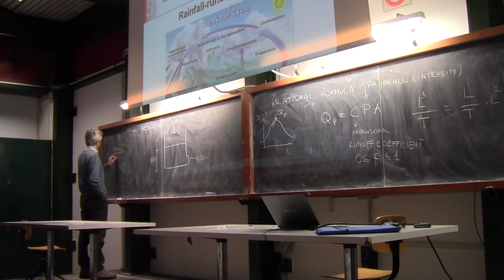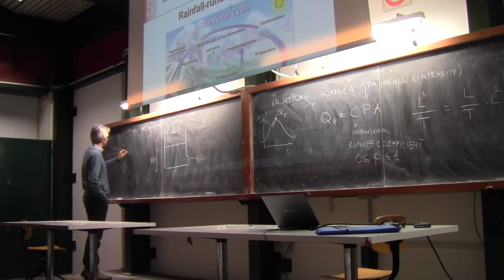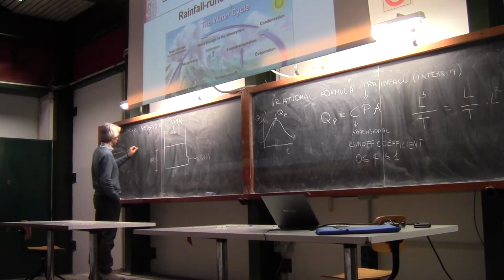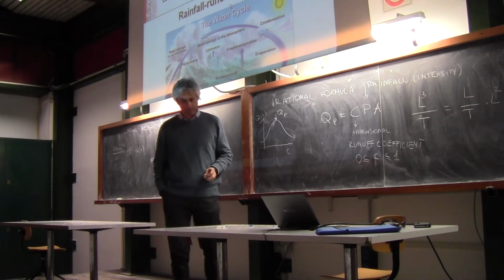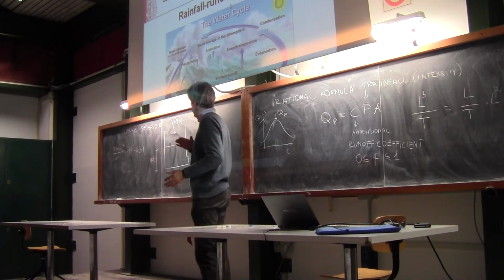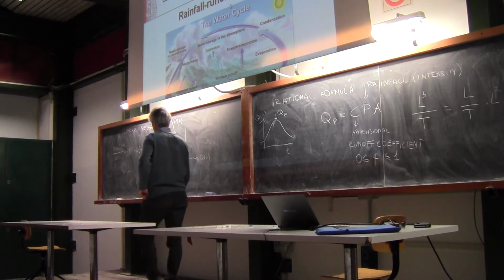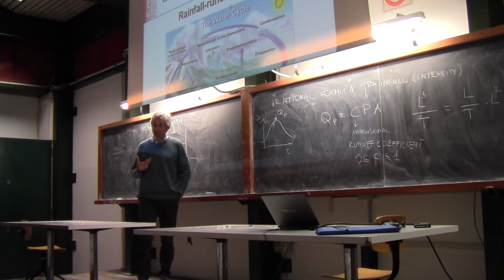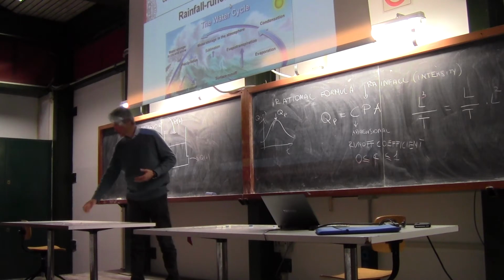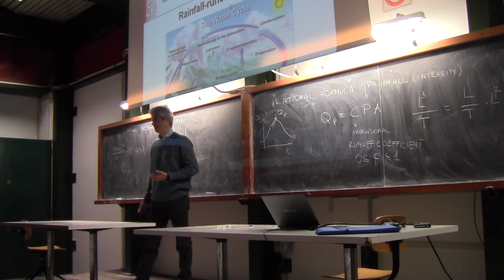The change along time of the storage is equal to rainfall minus river flow. This is a differential equation. Now, the problem is that I have two unknowns here, so I have to introduce another equation.